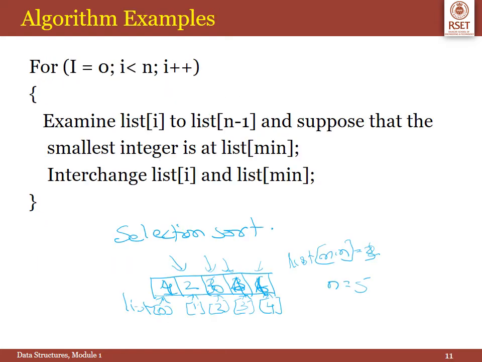Okay, we will look into an algorithm example. Let's say I have an array whose name is list, having 5 elements: 4, 2, 6, 3 and 1.